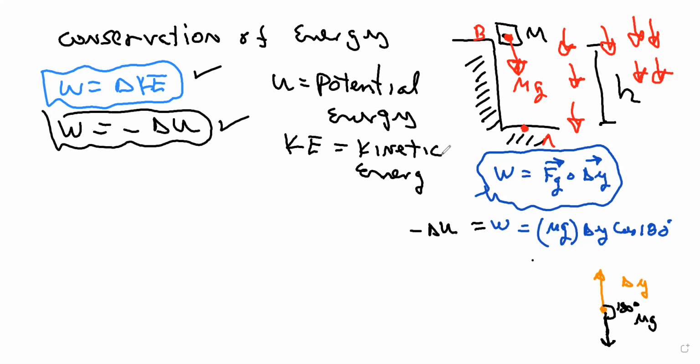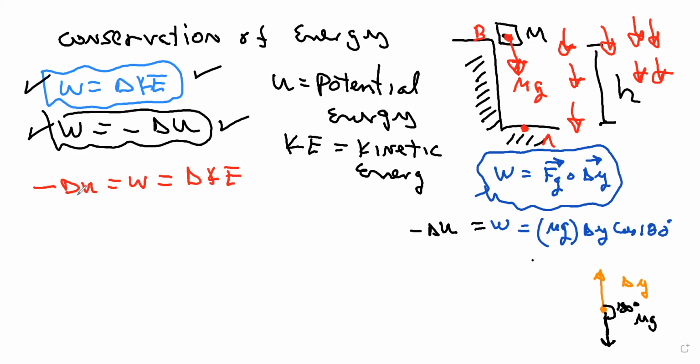And as we can see, the work is delta kinetic energy, which is the increase in kinetic energy, and the work is also the negative increase in potential energy. So we can equate these two. So we can say that minus delta U is equal to the work, but the work is also the delta kinetic energy.